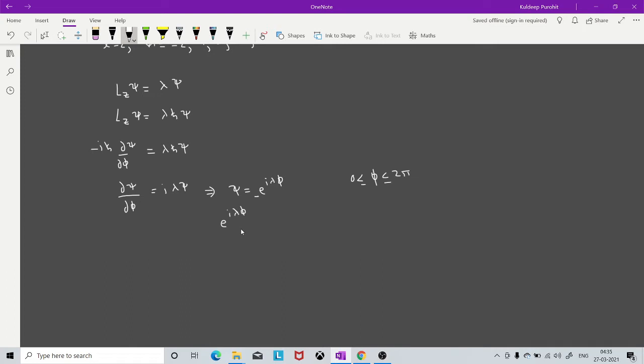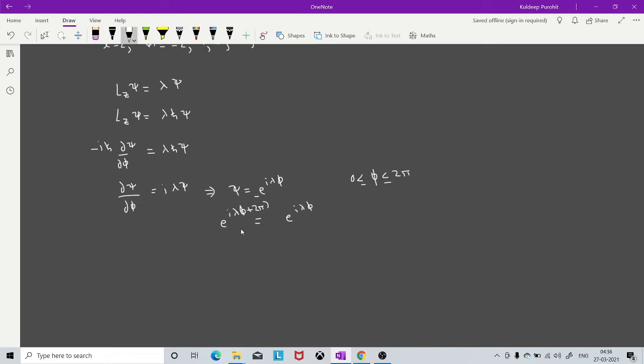Okay, so after 2 pi it will again repeat the same values, so I can say that e to the power i lambda of phi plus 2 pi equal to e to the power i lambda phi.